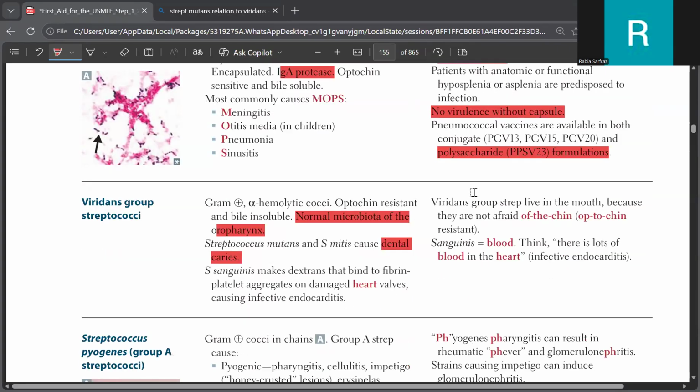Then we have this viridans group strep live in the mouth because they're not afraid of oxygen. They're oxygen resistant. Sanguinis means blood. Think there's lots of blood in the heart. So sanguinis is for infective endocarditis. Mutans is for dental caries, and they are living in the mouth because they're not afraid of oxygen.